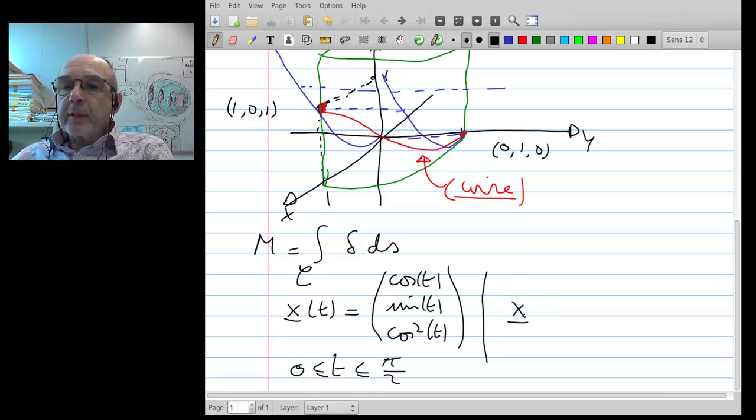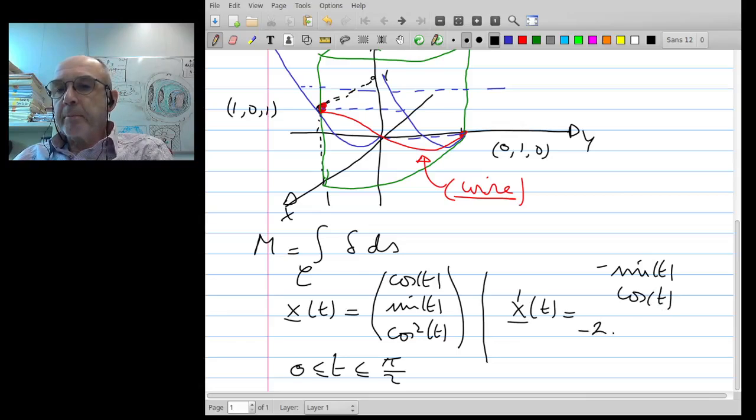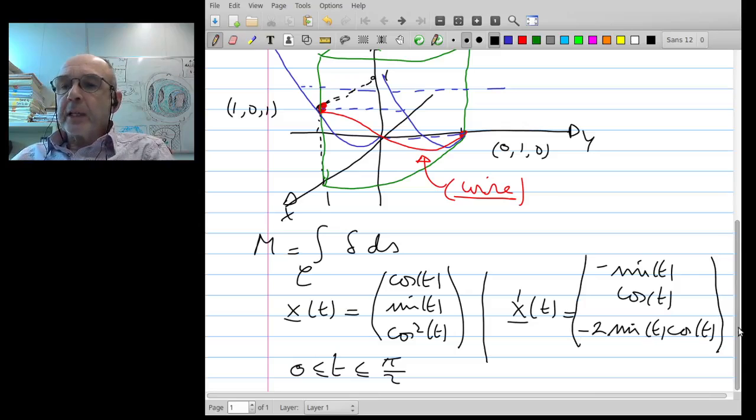Then you can calculate the velocity vector: minus the sine of t, cosine of t, and then minus 2 times the sine of t times the cosine of t, and you have to calculate its length to get the ds term.